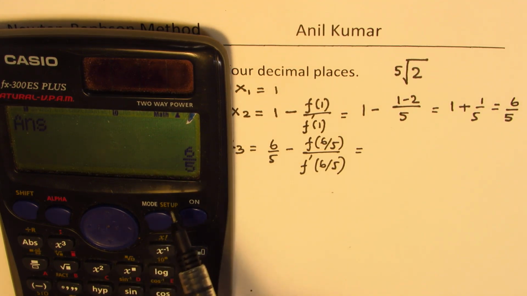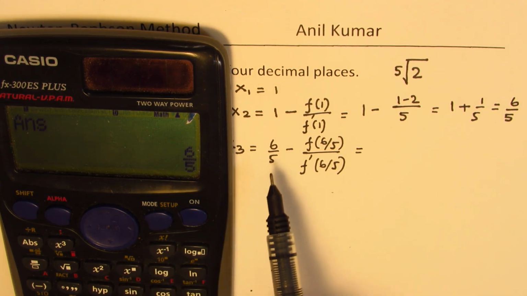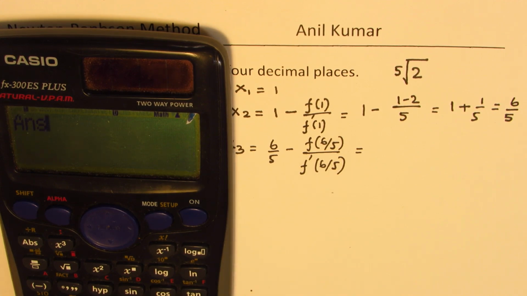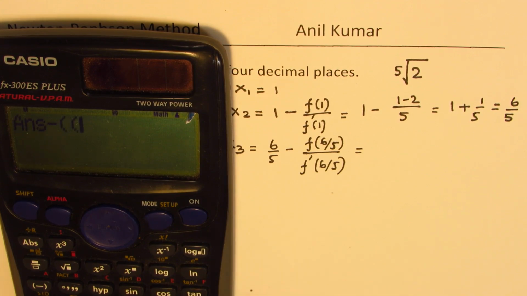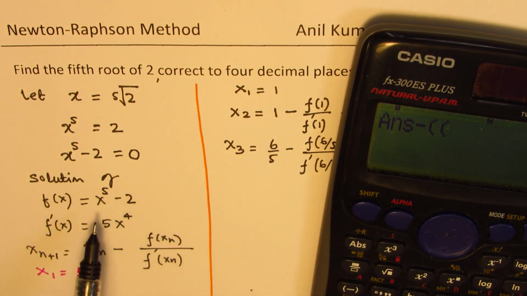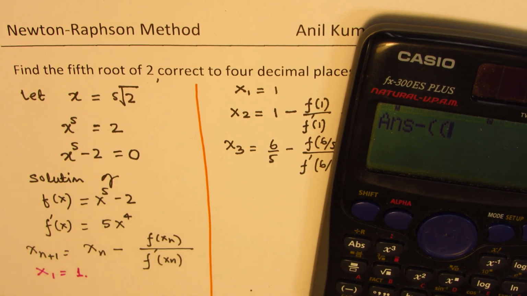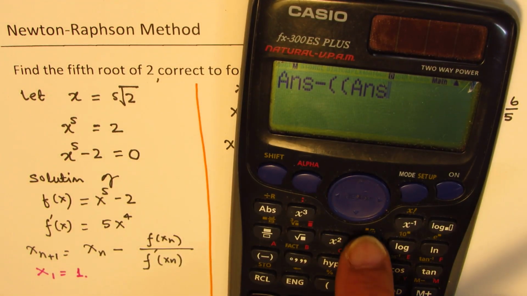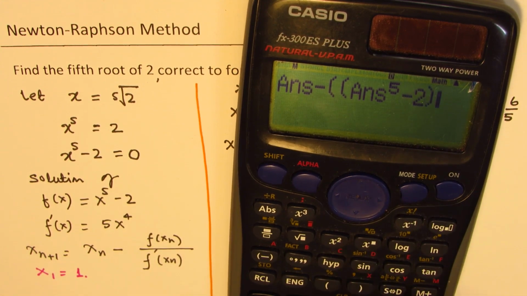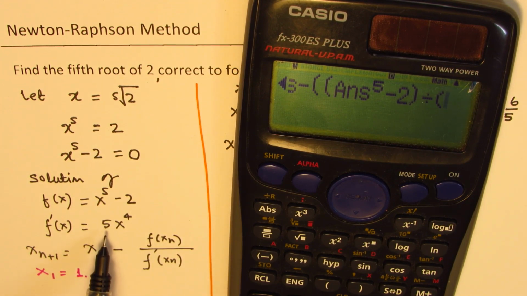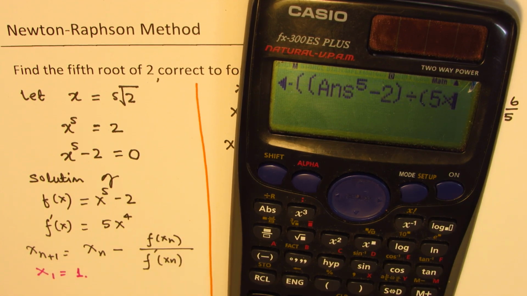So that helps. Learn the way you can use your calculator faster. So we have 6 by 5. We are putting here answer, and then we have minus, and we have to put this value. Let me put two brackets, one for the value of the function, x to the power of 5, that means answer to the power of 5 minus 2, bracket close, divided by the derivative at 6 by 5, which is 5 times answer to the power of 4.